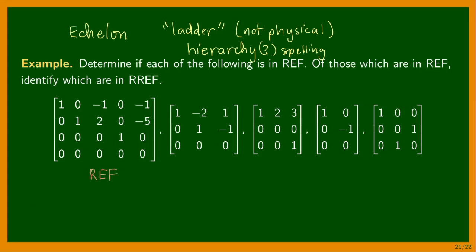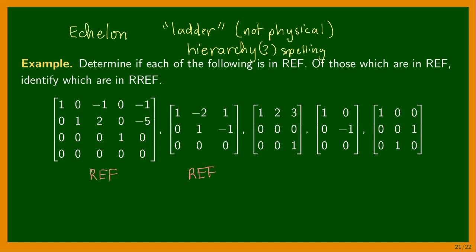Let's look at the second matrix. Is this in REF? Is there a 0 row? Yes, but it's in the bottom, so fine. Are the first non-zero entry from the left of the non-zero rows 1? Yes. Are they in echelon form? Yes. So, ito ay naka-REF. How about the third matrix? Is this in REF? What do you think?